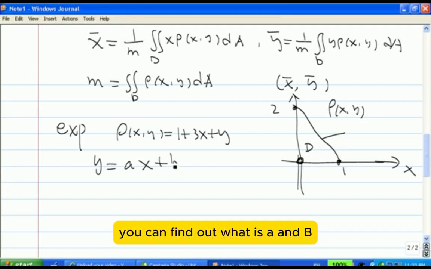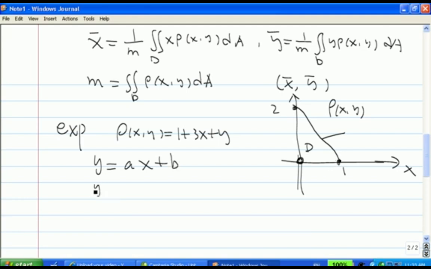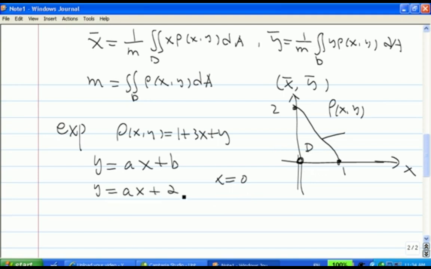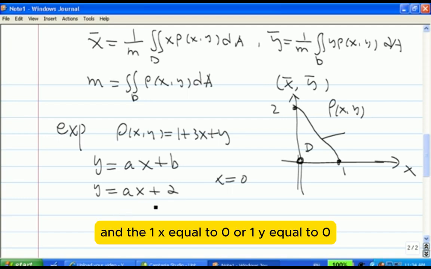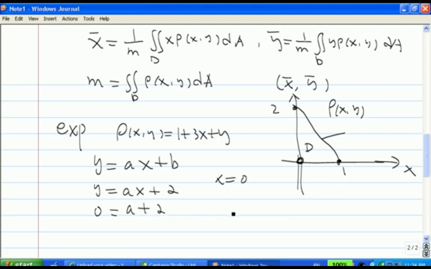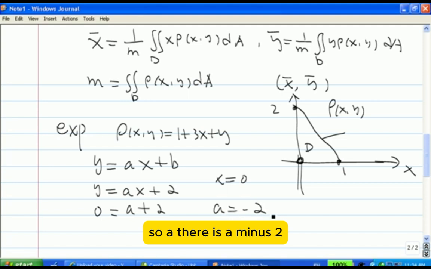You can find a and b by knowing two points. When x equals 0, y is 2, so b is 2. When y equals 0, x equals 1, so a times 1 plus 2 equals 0, so a is minus 2.